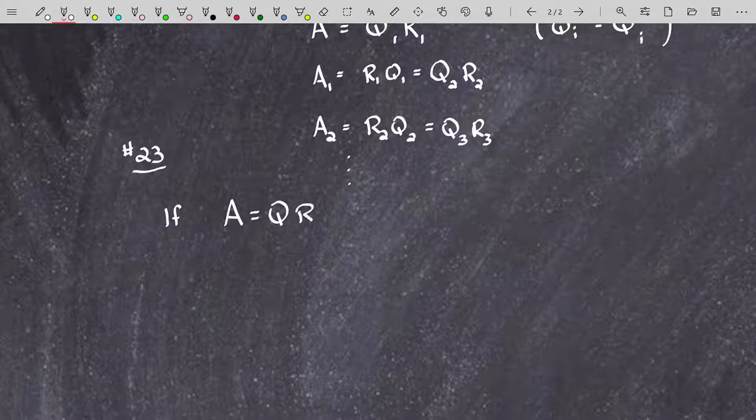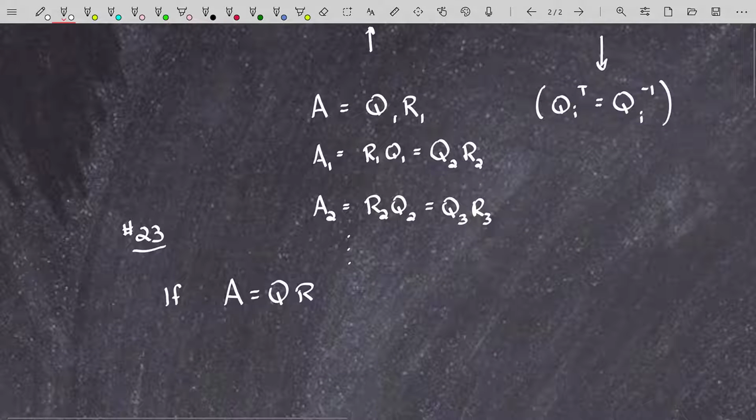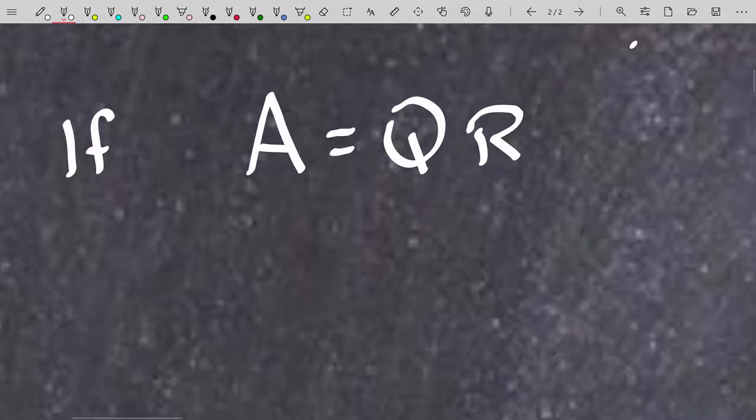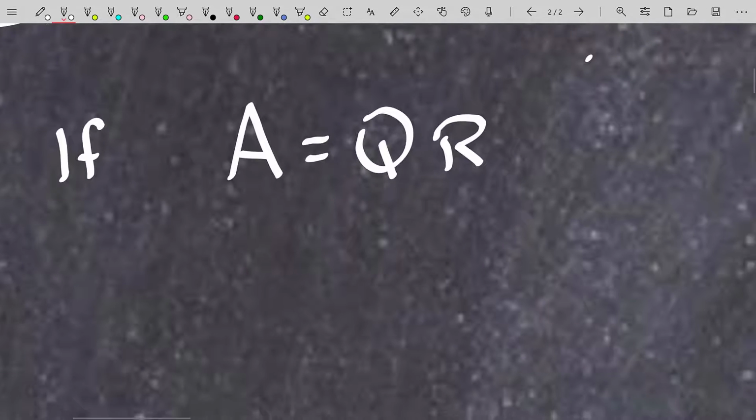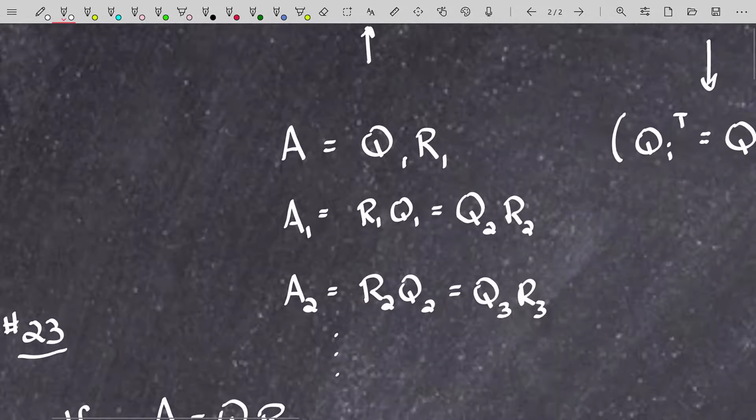Now, the problem with question 23 is that, if the author is trying to stick with what he wrote in the previous paragraph, he probably should have written, well, if A is equal to Q1, R1. But that's okay. We're just going to assume that's what this here is.